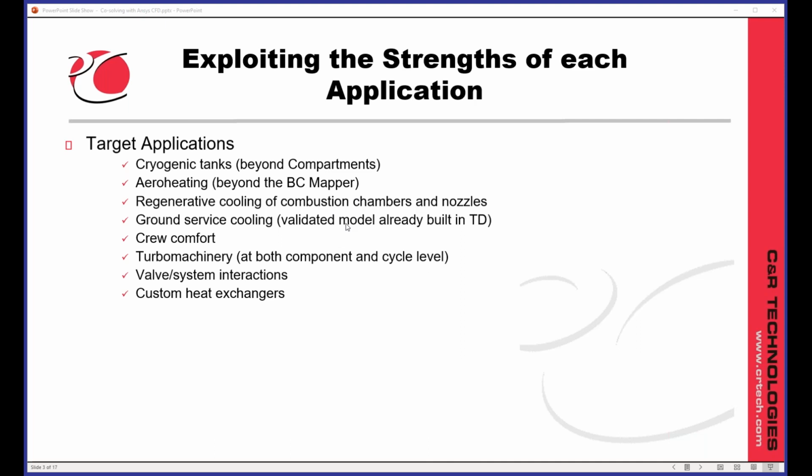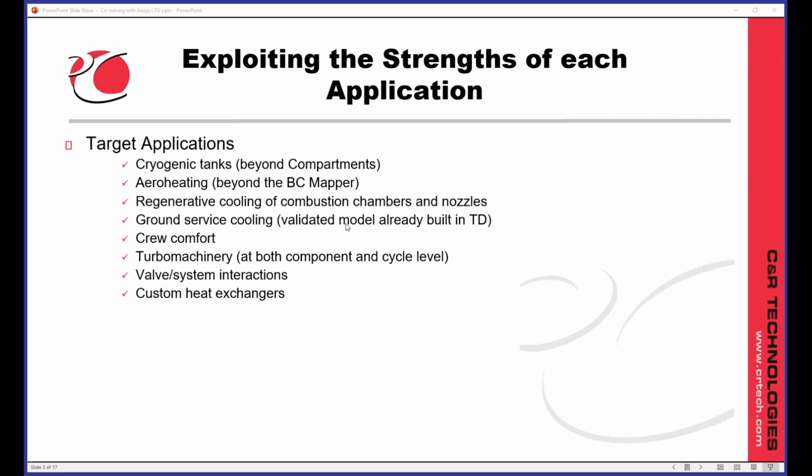This fourth application is kind of interesting. It's very common to have a model of a vehicle already built inside of Thermal Desktop and already validated for thermal vac conditions. But then you need to also analyze it during a period of ground cooling, ground equipment cooling, where you're blowing dry GN2 through the system.